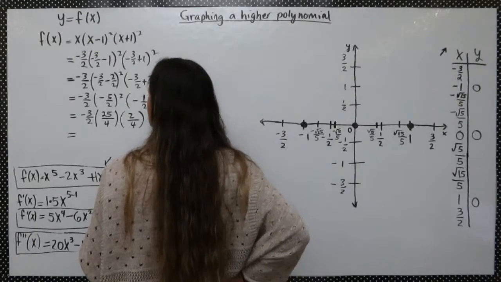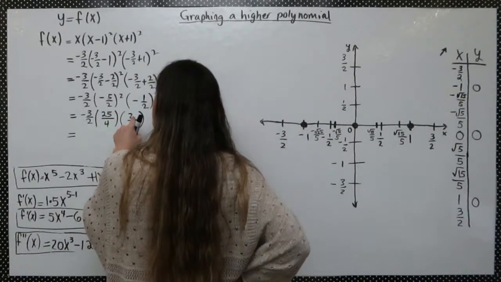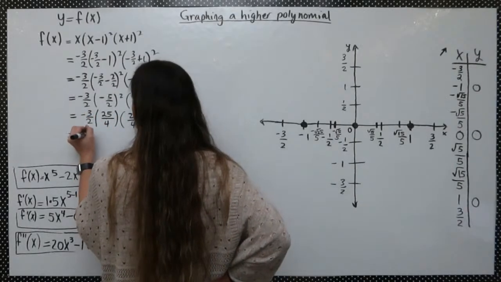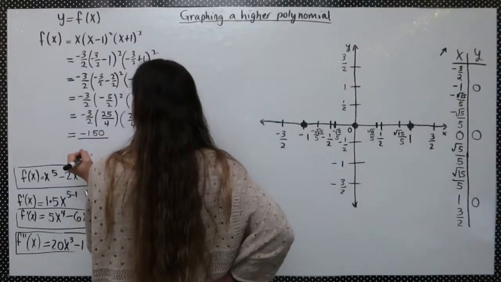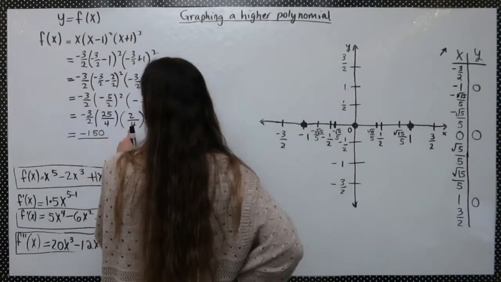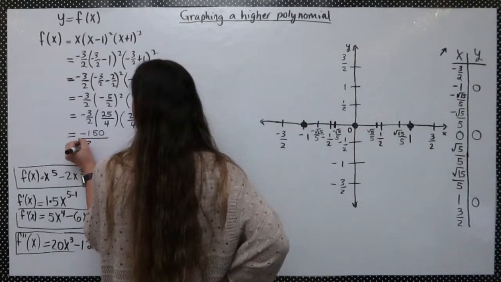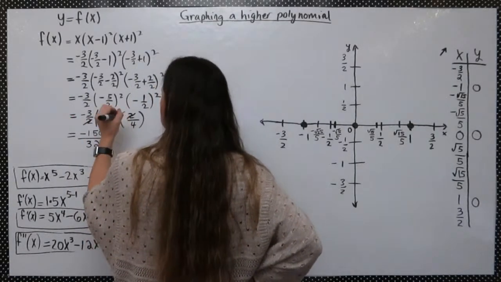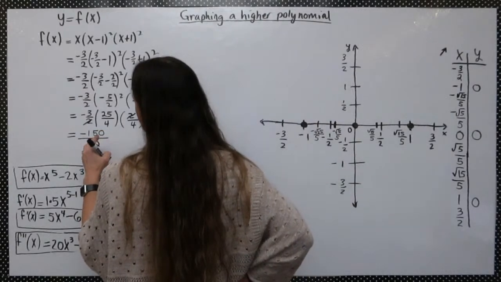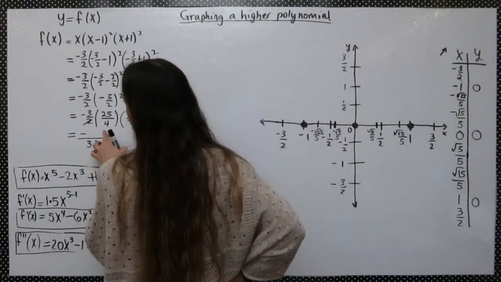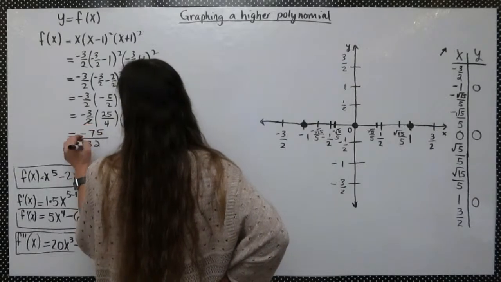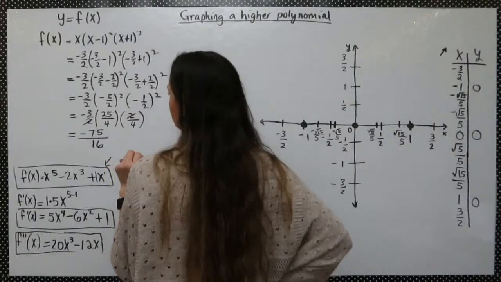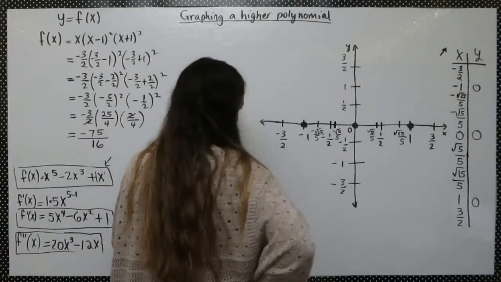So we've got 25 times 2 is 50, and then 50 times 3 is -150, and then 4 times 4 is 16, times 2 is 32. Let's cancel some of these out. That makes it -75 over 16. I think that's a little bit closer to reduced form. So -75 over 16.